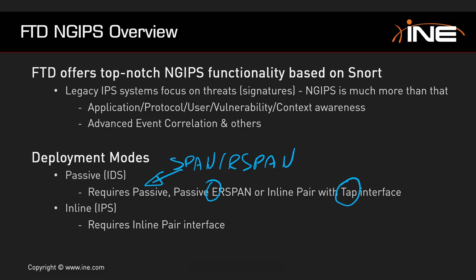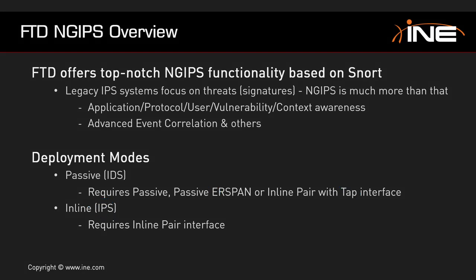And with inline, obviously, the goal is to put FTD into the data plane, like with an inline pair with tap. But this time we will be able to block the packets, or maybe modify the content of the packet before it is sent through the appliance. You can still use NGIPS as part of the next generation firewall, in which case you would go for switched or just routed interfaces.